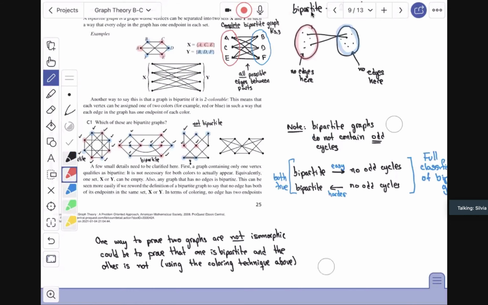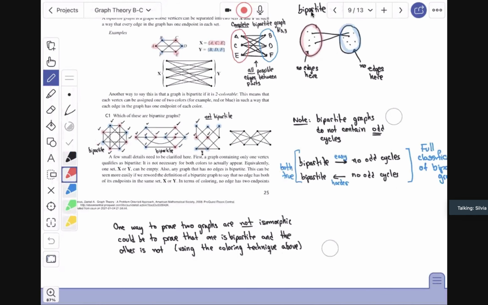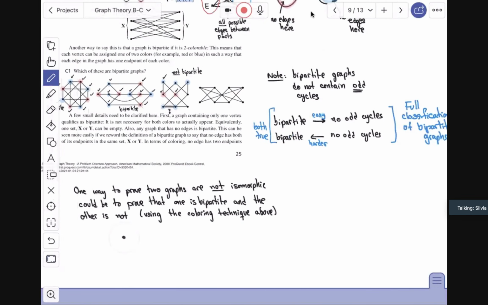So let me give you an example. Suppose I have these two graphs. This one is going to have the hexagon.